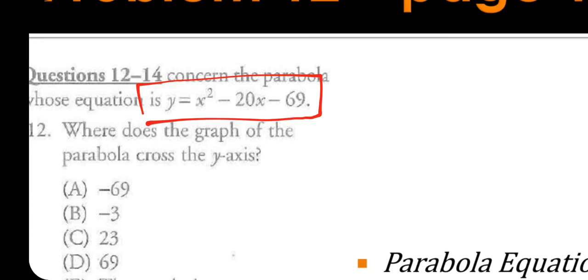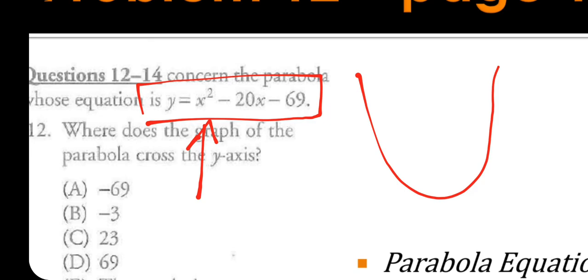One of them, the first one, is if you look at the coefficient of x squared, if it's positive, then the parabola is pointing upwards. If it's negative, it will be pointing downwards.